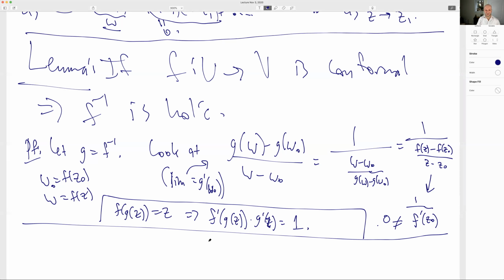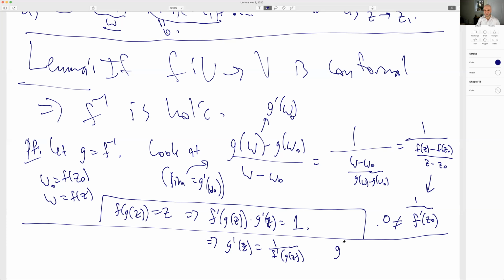In other words, g prime of z is 1 over f prime of g of z. Well, I'm using w's instead of z's. The limit of this is g prime of w. So this goes to g prime at w, and it's 1 over f prime of g of w.